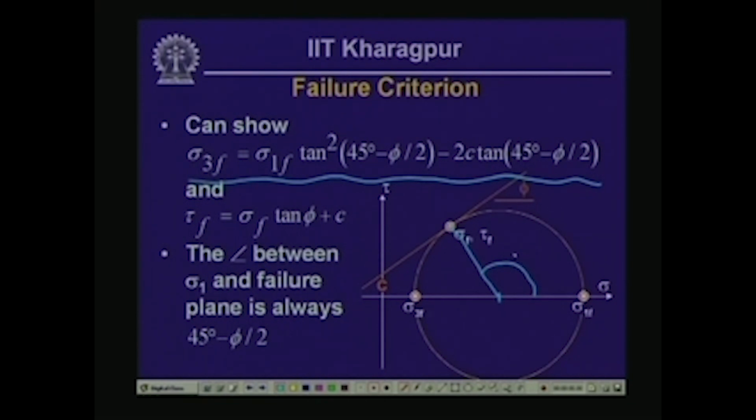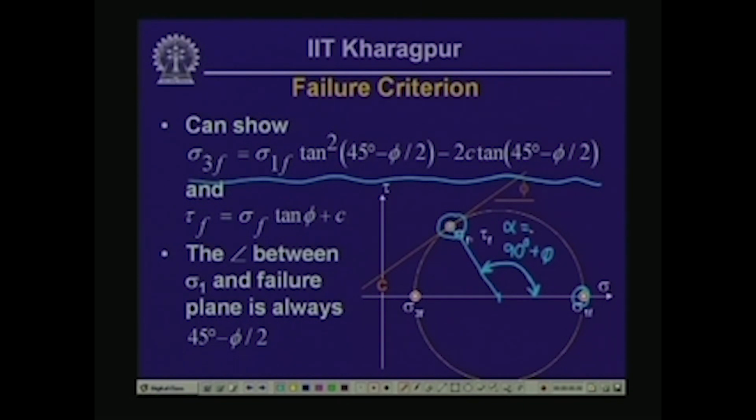So, this angle here is equal to 90 degree plus phi, and from the discussion that we had on Mohr circles the other day, you can imagine that the angular spacing between the state of stress represented by sigma 1f and the point of tangency is going to be given by half of this included angle, which is 90 degree plus phi.